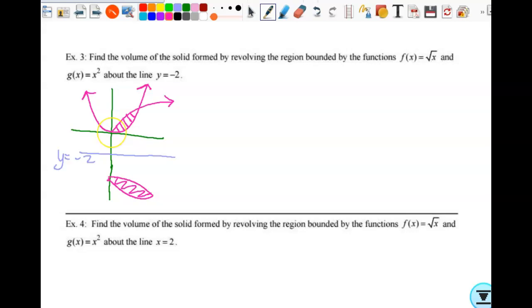Okay, so we're going to have a washer that goes from here. That's the inside circle. This is the outside. Oh, no. This is the outside circle.